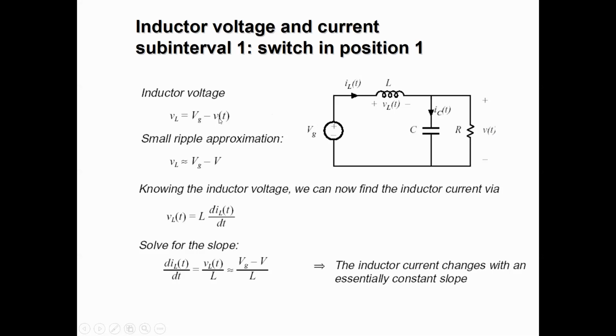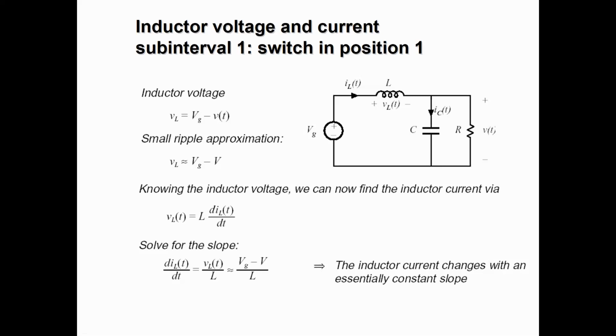When we apply it, this equation becomes VL is approximately equal to Vg minus V. What is V? V is the output, which is now pure DC. The small ripple approximation states that we ignore the ripples in the output, so we can apply these conditions to these circuits.